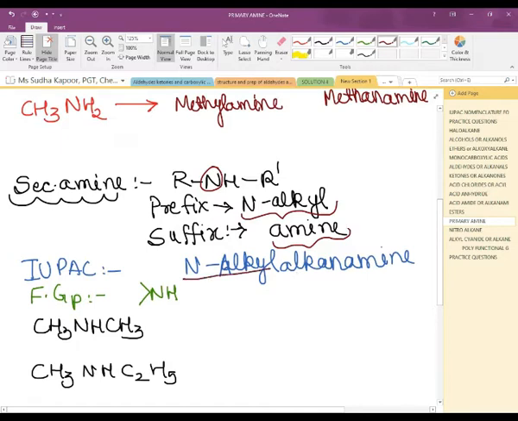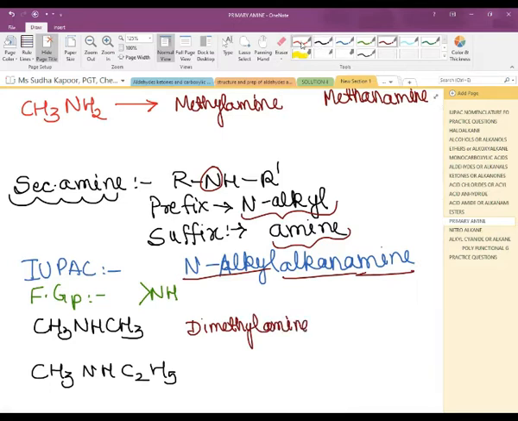The IUPAC name will include N-alkyl, then the parent carbon, and then amine: N-alkyl alkanamine. In this case, the naming is done in such a manner that both the alkyls are included. So for CH3NHCH3, we can call it in the common way dimethylamine. But in the IUPAC system, we have to use N. So we will call it N-alkyl.